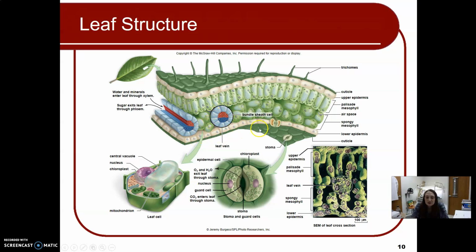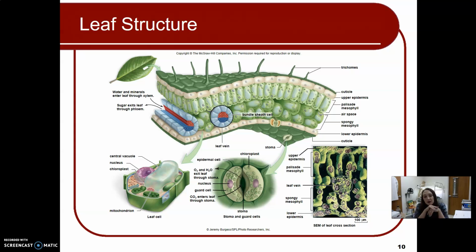And then at the bottom of the leaf, there are these little holes called stoma, or stomata, plural. And each hole is guarded by guard cells. So these guard cells close, stop up the hole in order to prevent water loss.